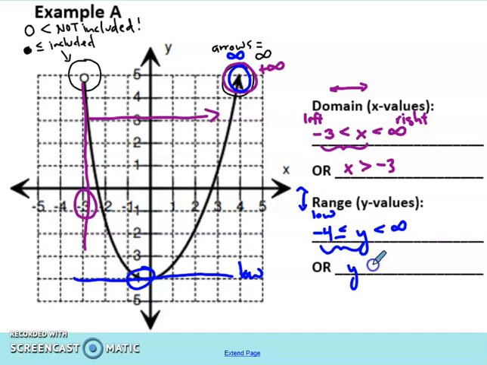Okay, so Y is greater than or equal to -4. That tells me if I was at -4, I could be any value above -4. Okay, that is domain and range. We're creating the trap for our graph. What are the boundaries? What keeps it inside?